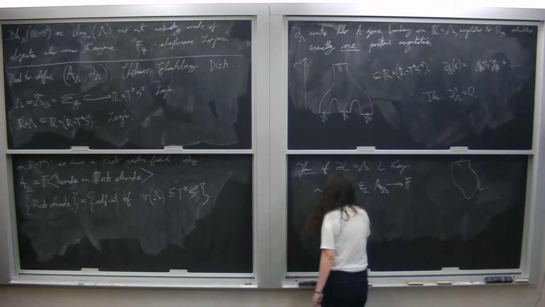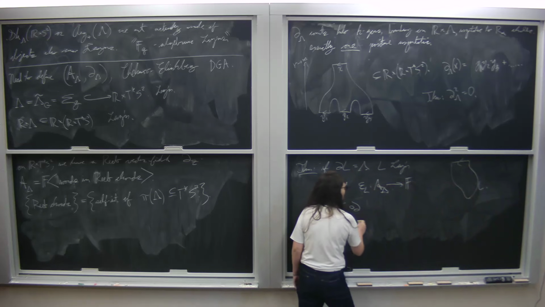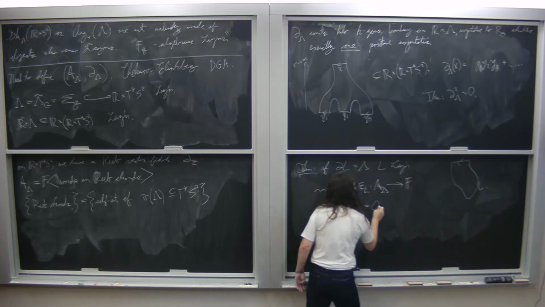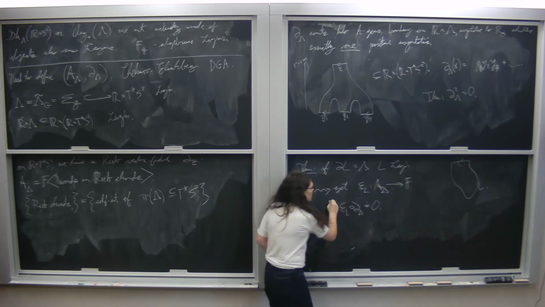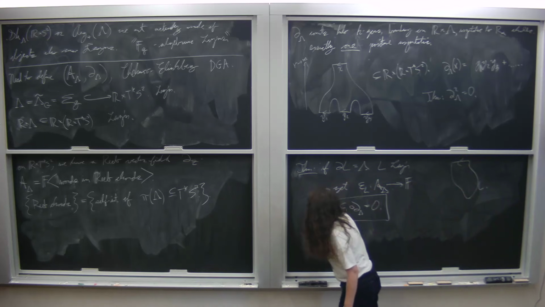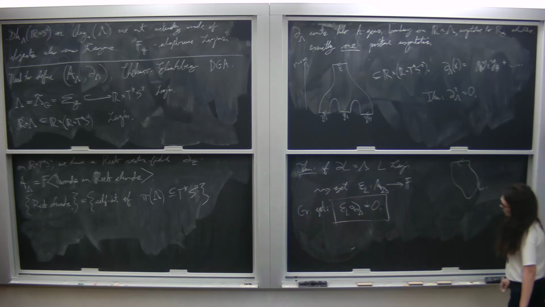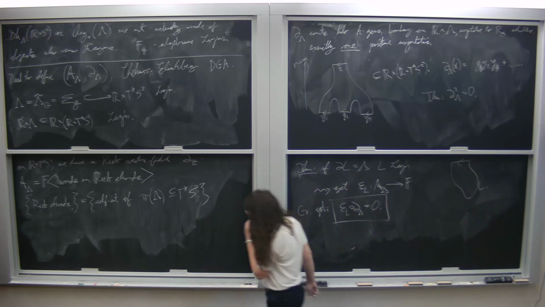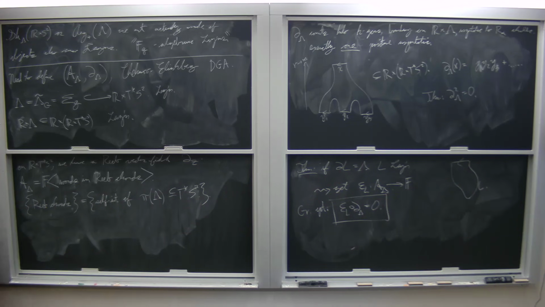And this also satisfies epsilon L composed with del lambda is equal to 0, which is to say that it's a DG map. This is Gromov compactness for holomorphic curves with boundary on L.